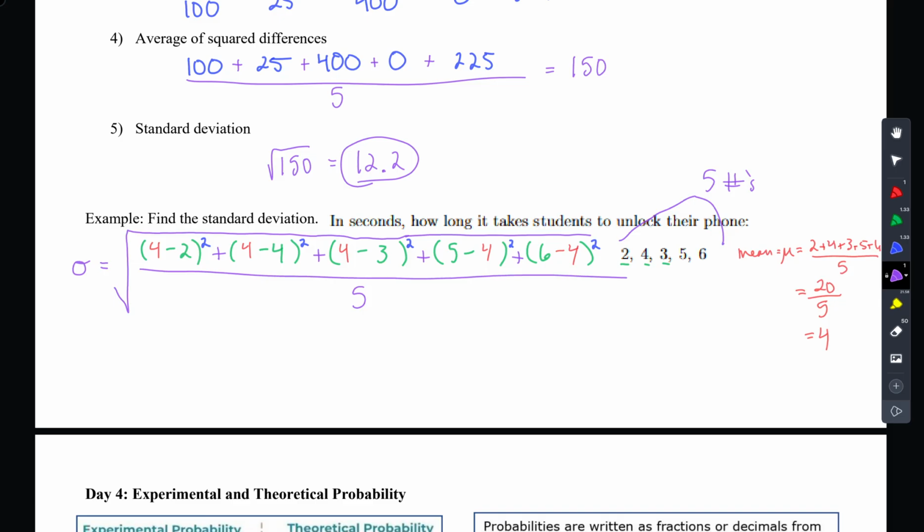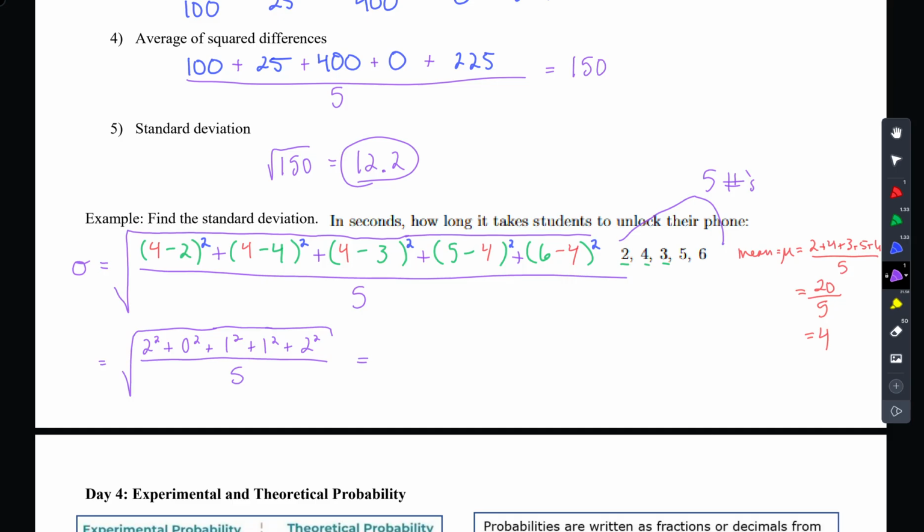Okay? So when you're solving this, which I don't know if this is more annoying, you're doing 2 squared plus 0 squared plus 1 squared plus 1 squared plus 2 squared. So I did this subtracting with all of it. You know?